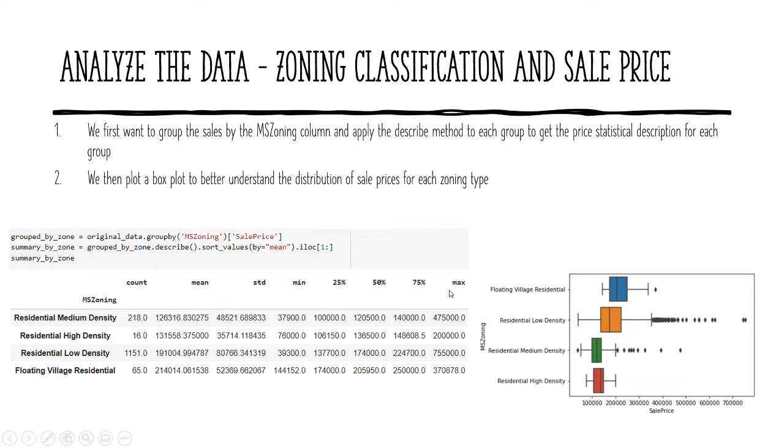And then we plot a box plot to better understand the distribution of sale price for each zoning type. It's very helpful because you can observe the distribution of all values belonging to each group.